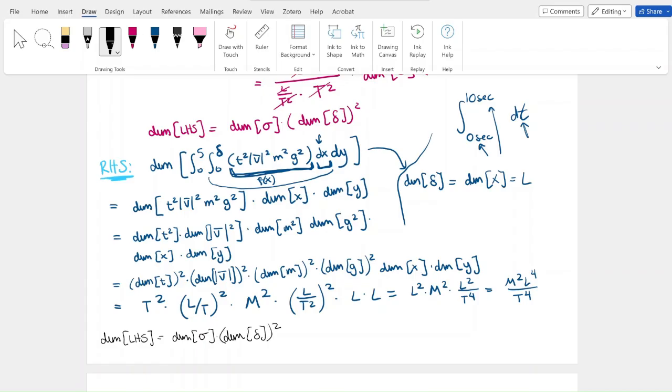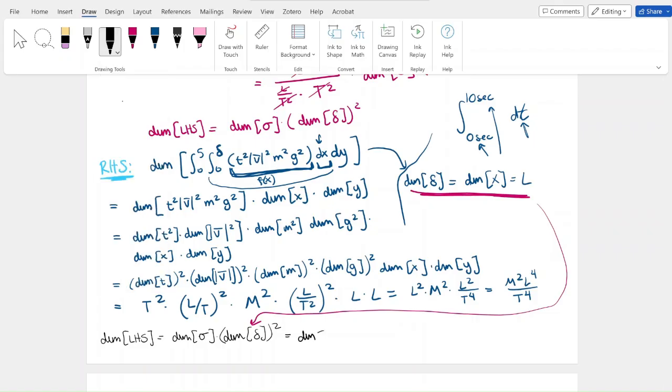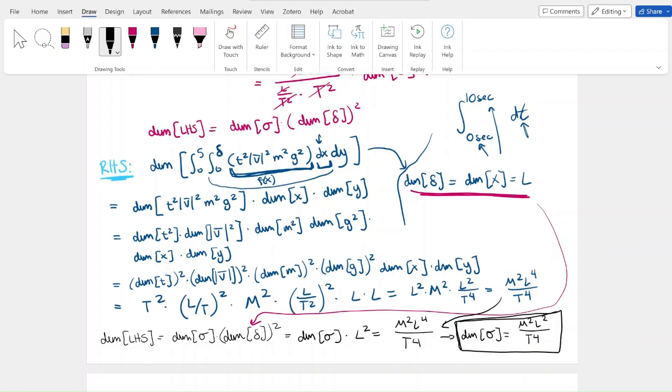Although now we know that delta from here is going to be L, so we can plug that in here to get that the dimension of sigma times L squared equals whatever's on the right-hand side, which is M squared L^4 over T^4, which is from here. So now we can solve for the dimension of sigma, which is equal to M squared L squared over T to the fourth. So this is our final answer for the dimension of sigma, such that this equation is dimensionally homogeneous.